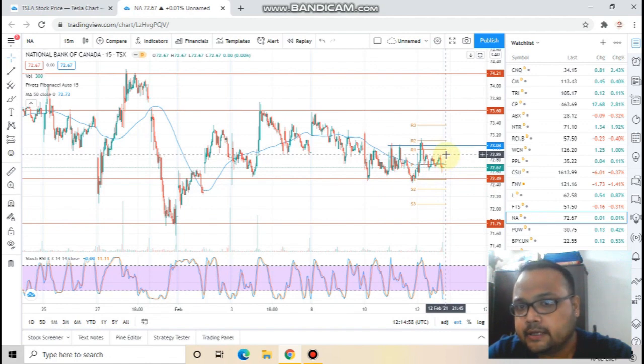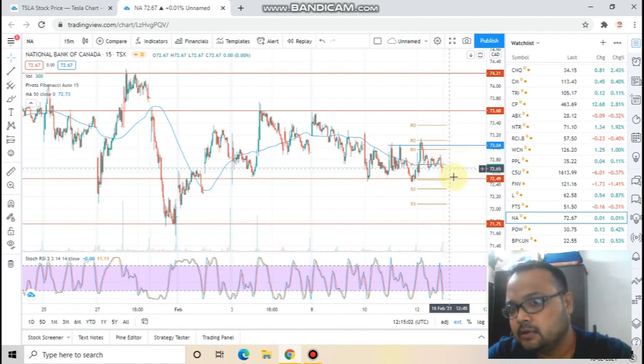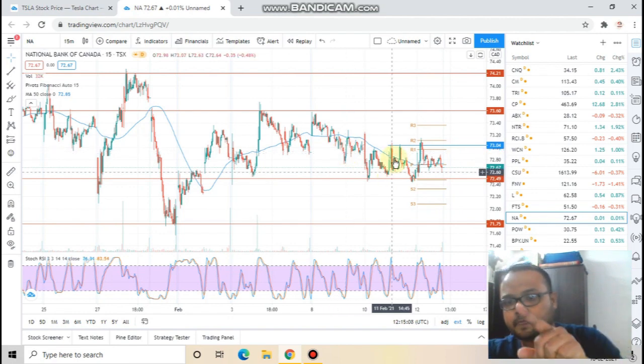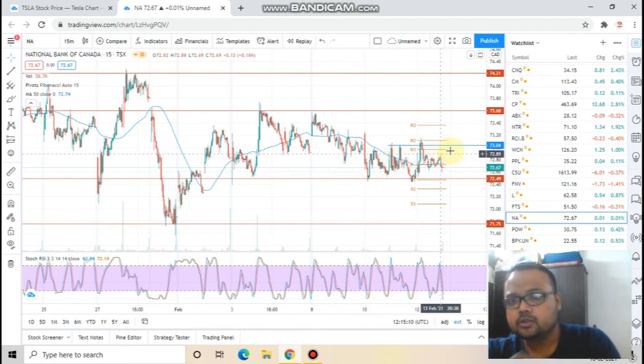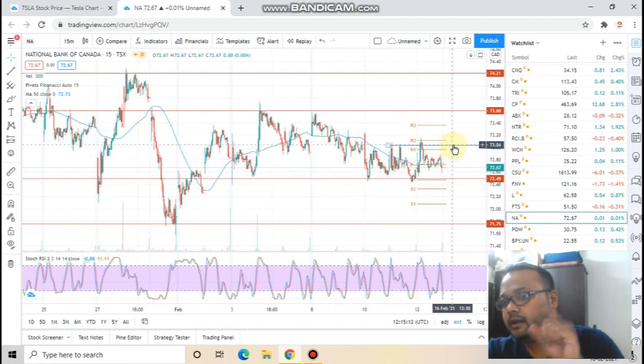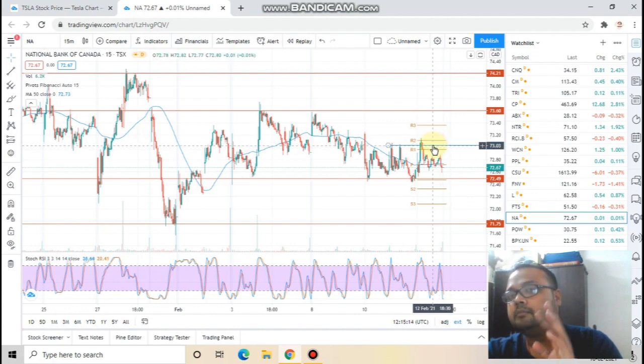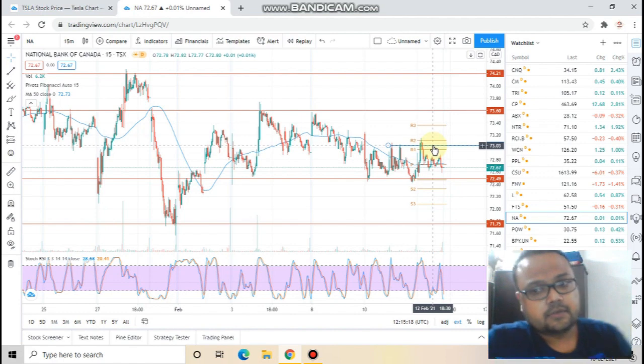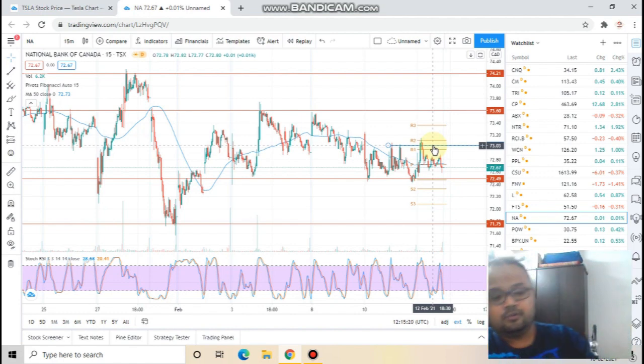Okay, if it opens here, then there is a chance that it will go up. If it goes down, it will hit this level. If it goes up, it will hit this level. So just remember, if it goes up to the 73.04 level, the previous day high will give a resistance. It will say, no, you cannot go easily, I'm here. So there is a chance that it may reverse from there.